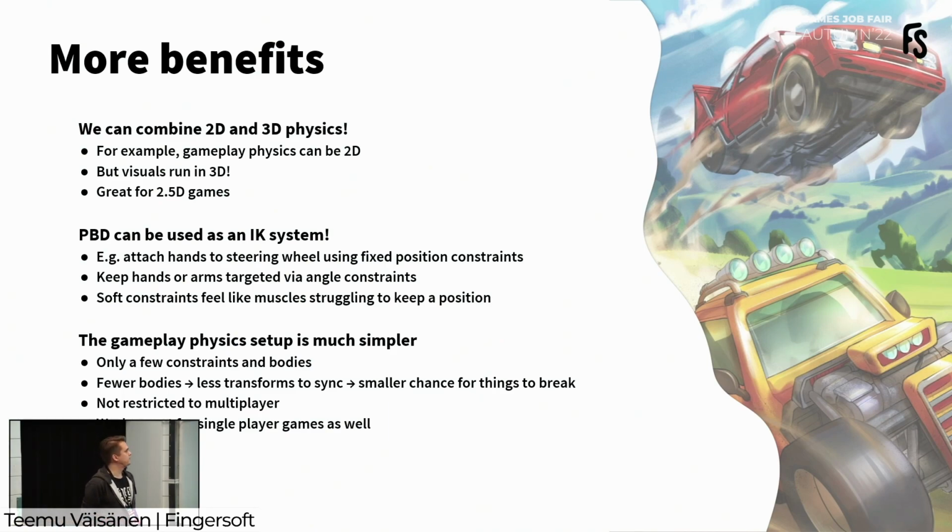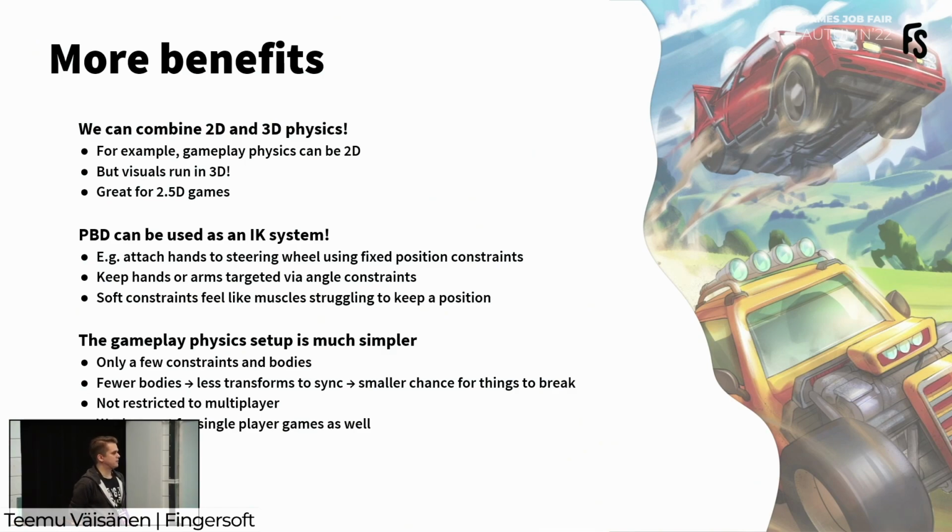And another benefit that we noticed is that this can be used quite easily for an inverse kinematics system as well, because you can basically attach things of a character, or whatever you want to be under the IK system, to a position. So for example, we had the driving example. I had these arms that were just attached to the wheel of the vehicle, and it works out of the box.